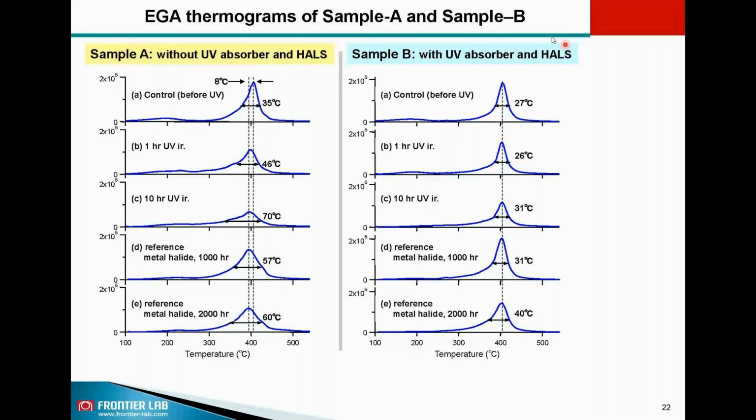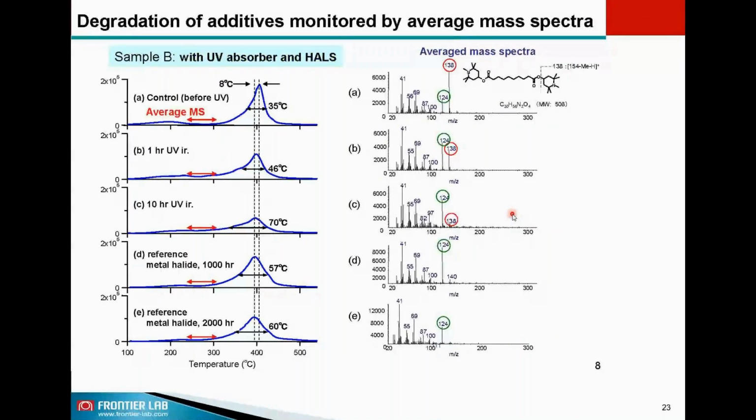Then based on the light dosage and duration, the exposure time, you can also look at the lifespan of the paint for such exterior coating applications. Okay, so EGA allows you to look at this information. This is one thing. Now, as I said before, our EGA data looks like TGA, but the data is coming out of the mass spectra.